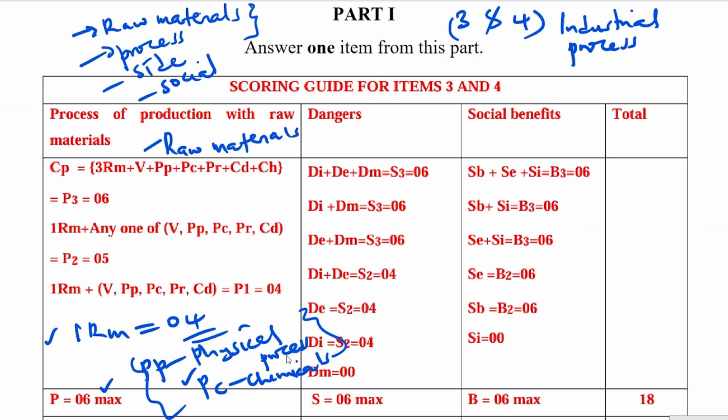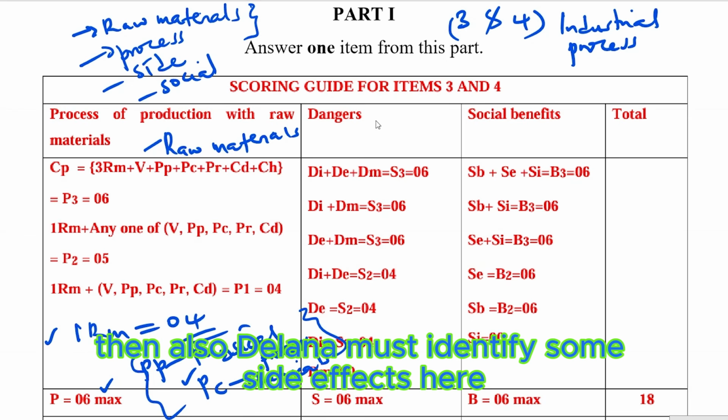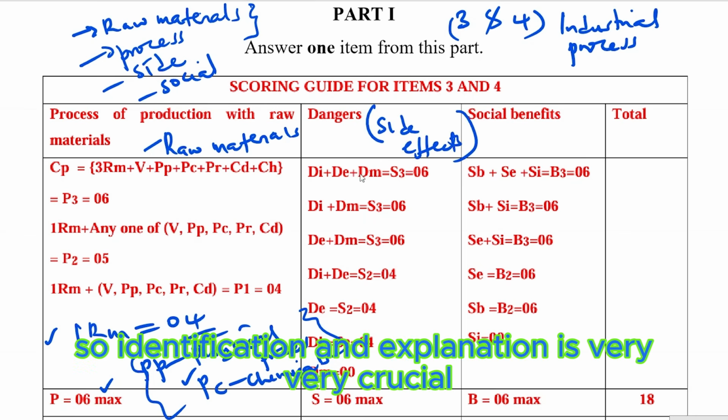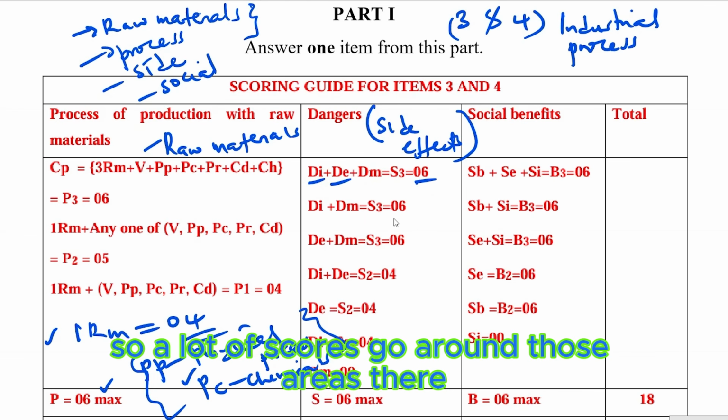Then also the learner must identify some side effects here. So identification and explanation is very, very crucial. So a lot of scores go around those areas there.